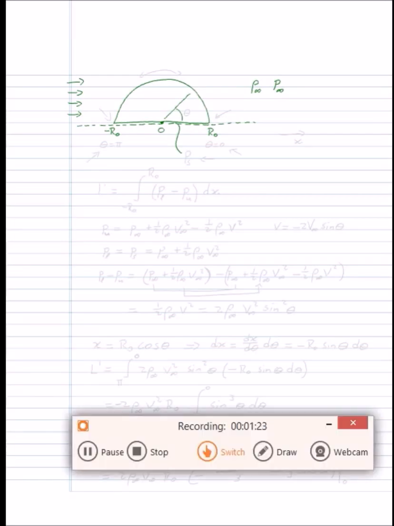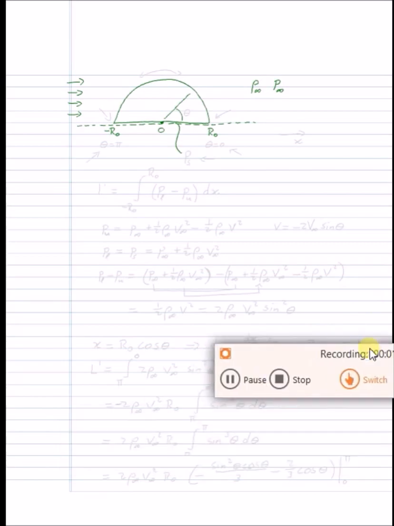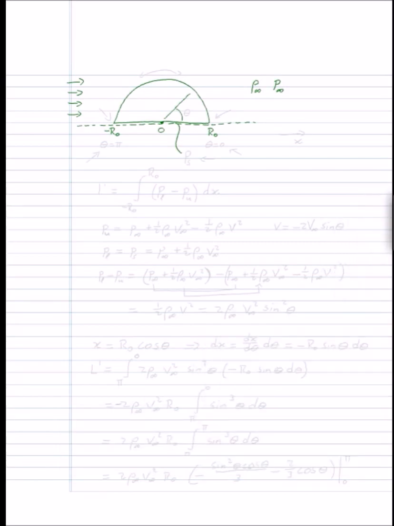We're going to assume that the pressure we're finding just underneath the building in that gap is going to be equal to the pressure that we're finding at the stagnation point, so at the point here and here. So that's going to be my stagnation pressure, PS.